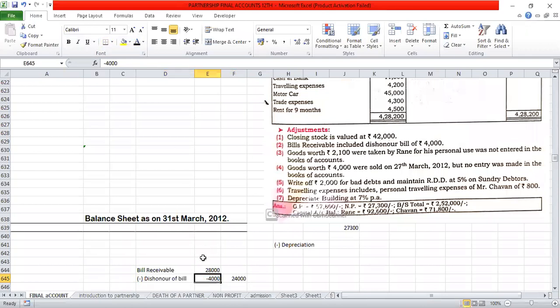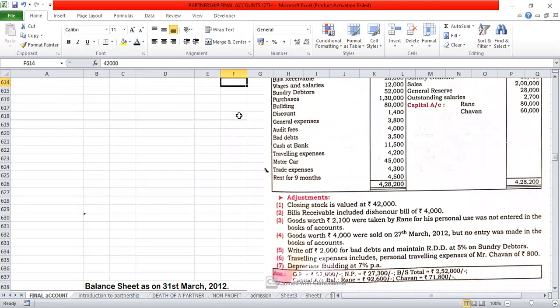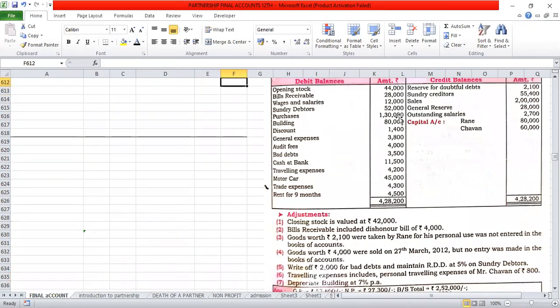Do you understand? Yes, sir. And the second effect: less from bills receivable, then that much amount is recoverable from the debtors. That is why we have to increase the debtors. Take sundry debtors. In the trial balance, I have sundry debtors. The amount is 52,000.